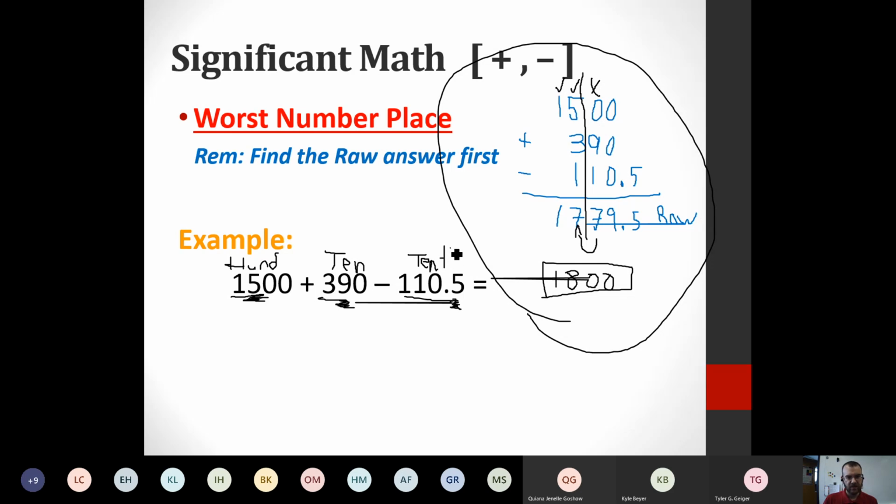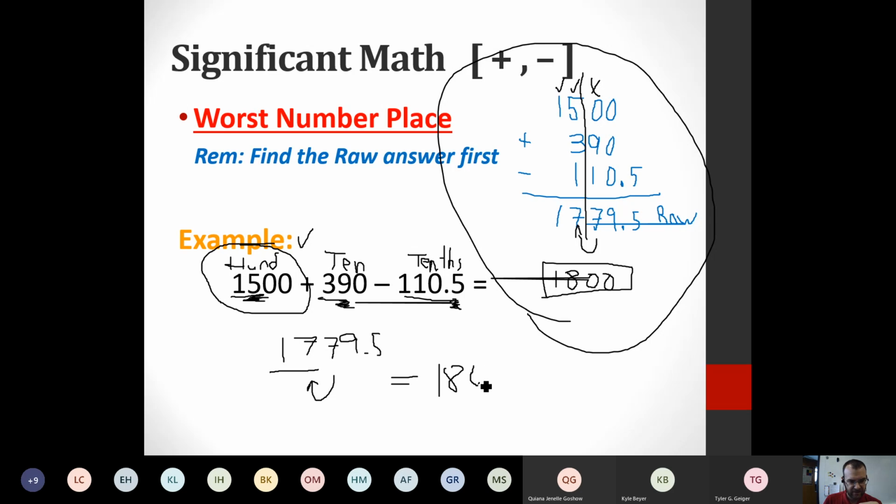Okay, so what you want to deal with is the one that is the worst, meaning the biggest of these, that's the one that's going to win. That's the worst number place. So again, if you do your raw math and you get 1779.5, because you always get your raw first, you go to the hundreds, you go thousands, hundreds, and you stop. The 7 kicks the other 7 up, which means your final thing is 1,800.